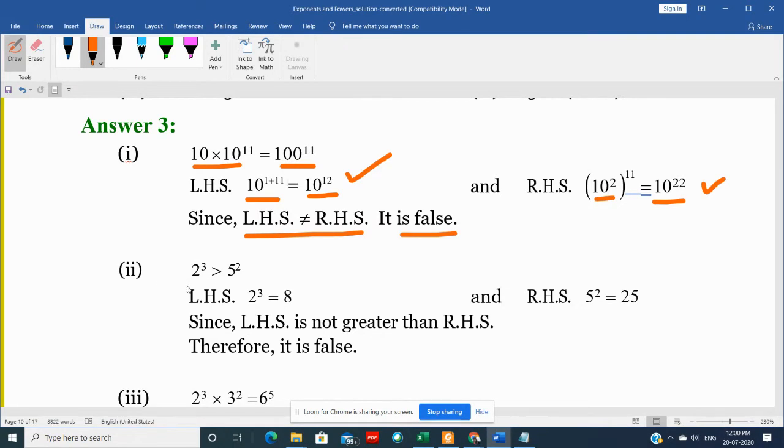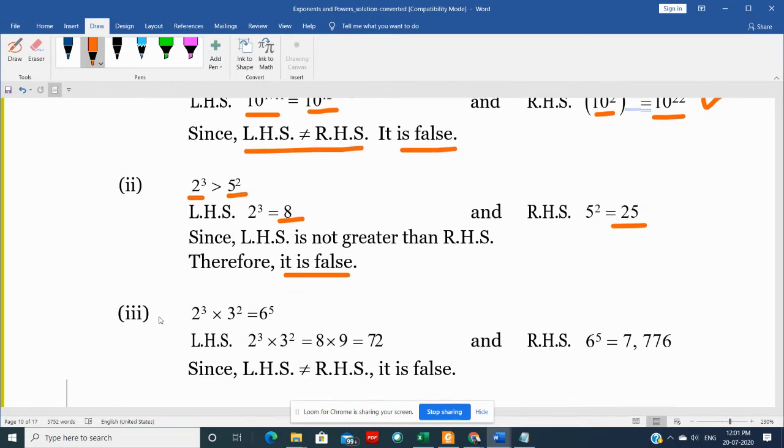Here also you have LHS and RHS. Alright, the solution of LHS is 8 and the solution of RHS is 25. So, since LHS is not greater than RHS, it is false. Alright? Here they have said that it is greater, but no, it is actually less. So it is false. Alright.